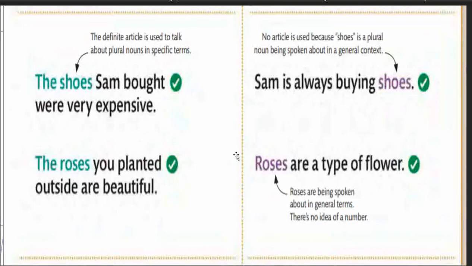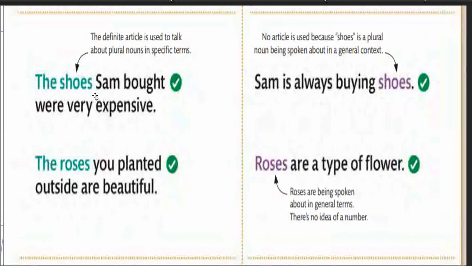The next example that we have is the definite article is used to talk about plural nouns in specific terms. Now we spoke about the words in specific and the words in general. Now we are talking about plurals in specific terms. The shoes, we have considered this earlier also.